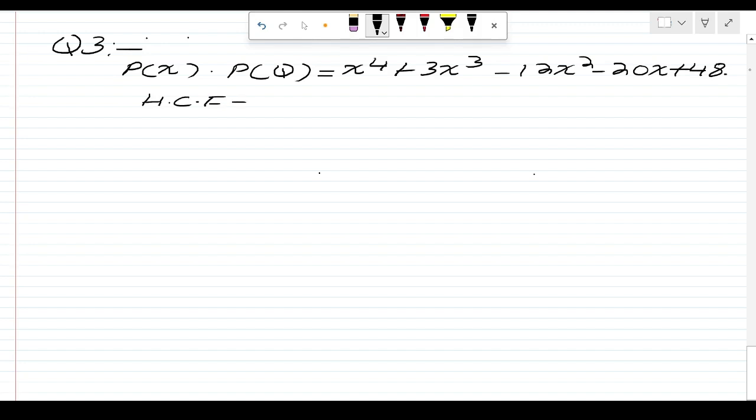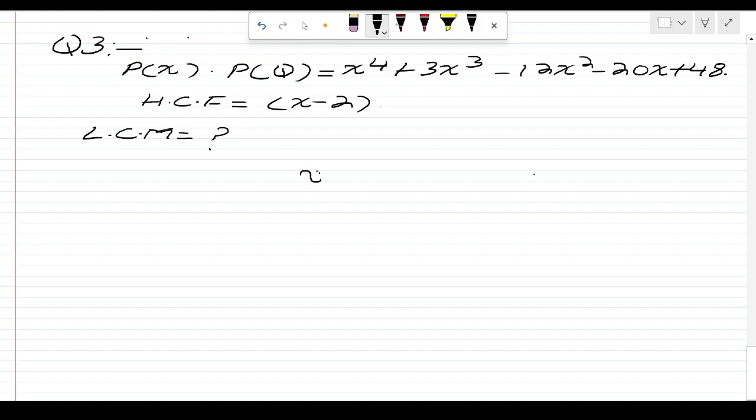Now what is the HCF? The HCF is equal to x minus 2. Now we need to find the LCM, and in order to find the LCM, we are going to divide the product of the polynomials by the HCF. So we are going to use the division method.